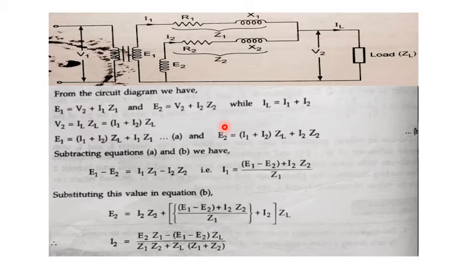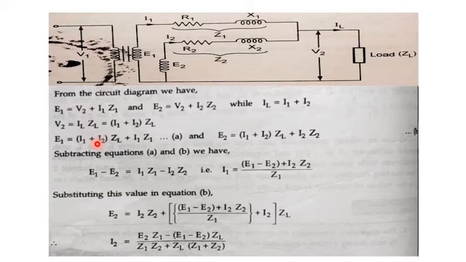Now we can substitute this in the equation. In general, V2 is equal to IL into ZL. The current flowing through the load is IL and its impedance is ZL. So this is IL into ZL, and IL is I1 plus I2, so V2 is I1 plus I2 into ZL.